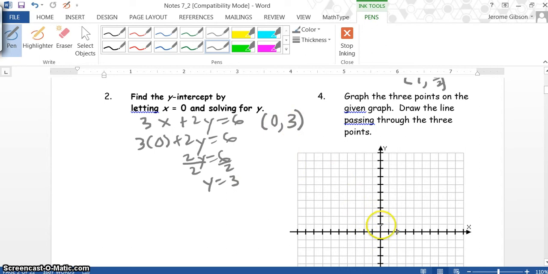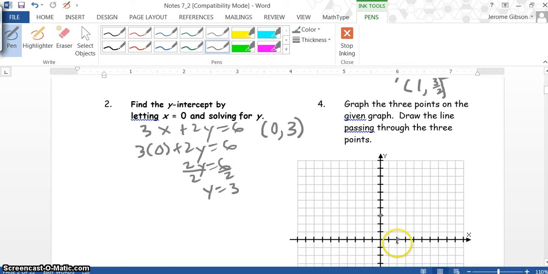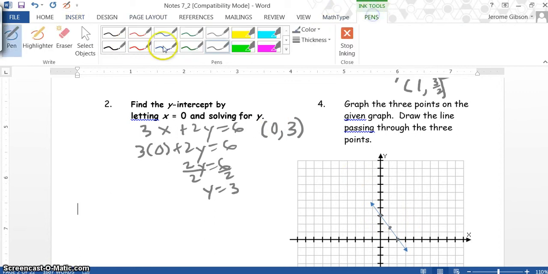We go to the origin, and we would just go up 3 because our x is 0, so we don't move on the x-axis. Now the third point was 1 and 3 halves. So we'll go to the origin, go over 1, and 3 halves is the same as 1 and a half. So now we need to connect these points. Now I took the liberty of connecting these points here, as you all can see, and this is our final graph.